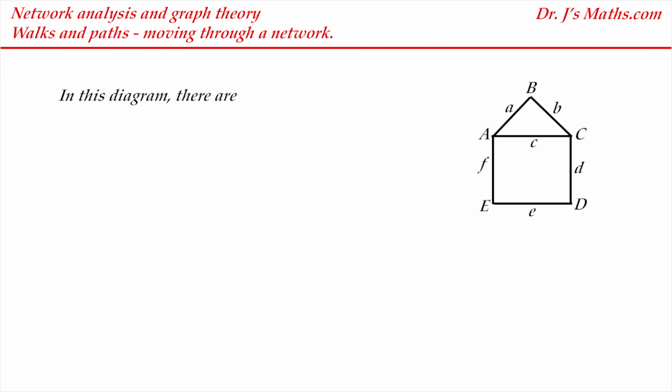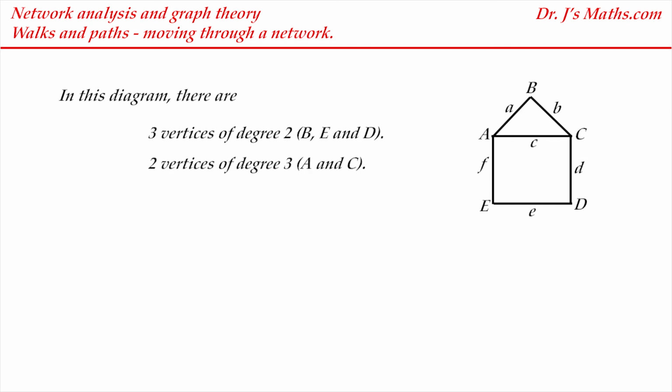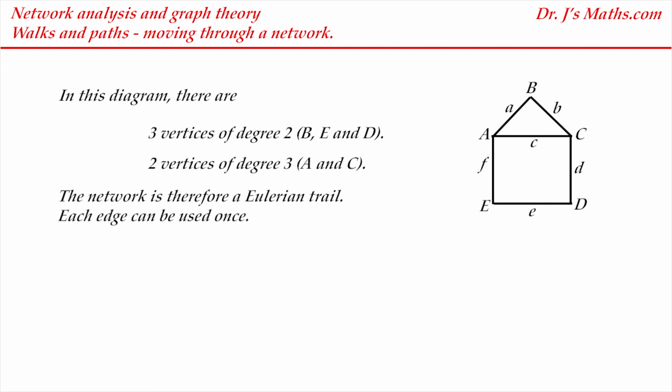Example. In this diagram, we have three vertices of degree 2, B, E and D, and we have two vertices of degree 3, A and C. The network is therefore going to be an Eulerian trail because we've got these two vertices of degree 3. Each edge can be used once and that's all.